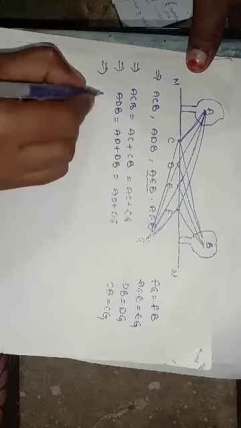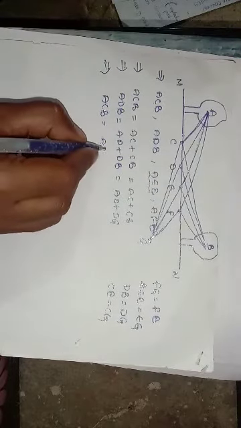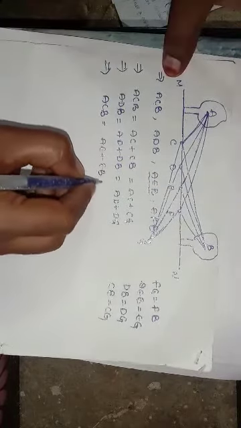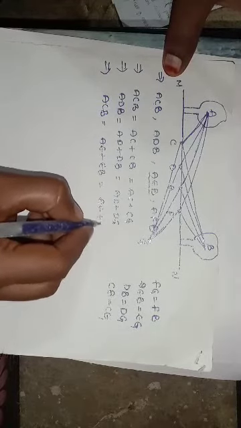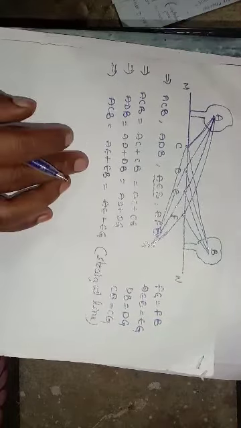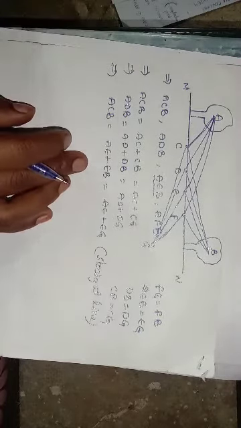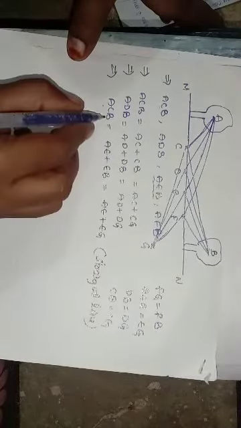And second case AEB: AE plus EB, that is equal to AE plus EG. This forms a straight line. If you draw perfectly, you can see a straight line. So always the object which travels in a straight line will take less time. So here AEB takes the least time to take a grain.